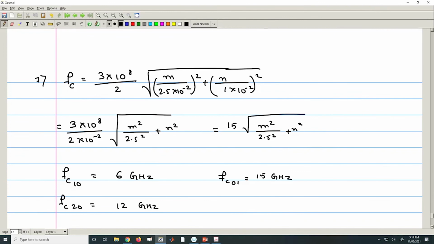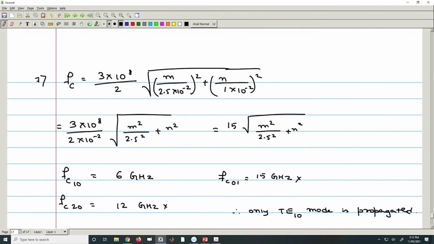Okay, but the transmission is at 11 gigahertz. So only which one will propagate? Only TE10 will be propagated. Therefore only TE10 mode is propagated.